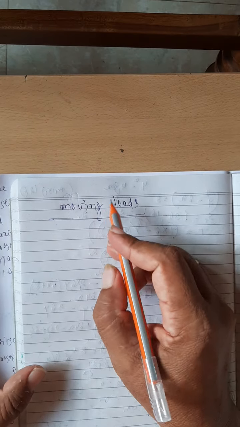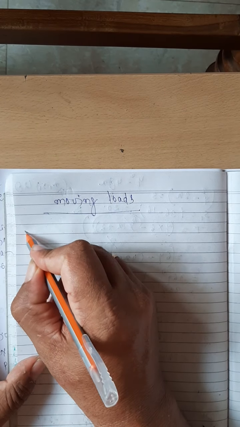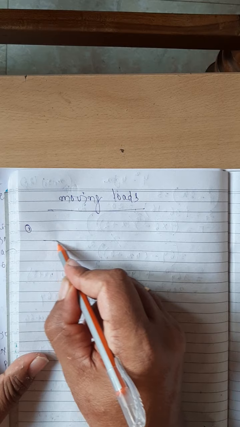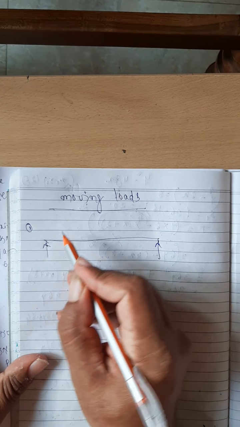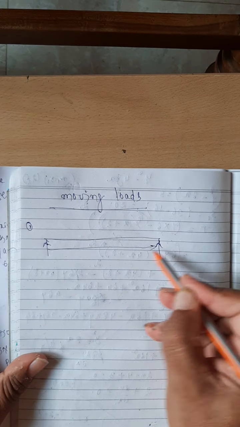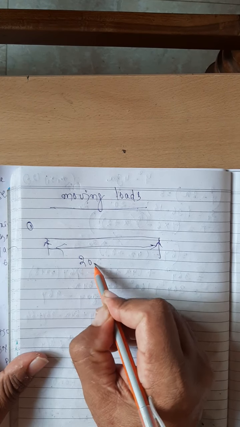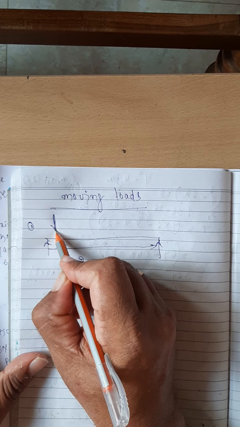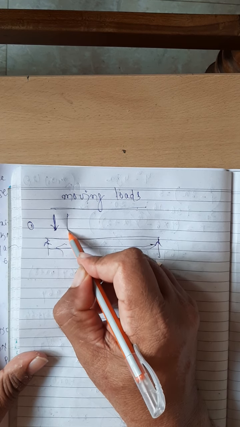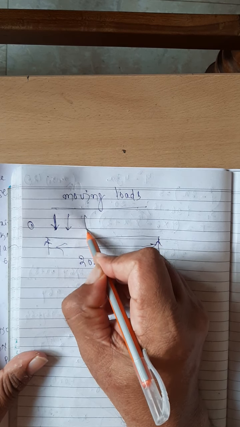First one is how to calculate for a series of loads. A girder or a beam is given to you, having a span of, say, 20 meter. A train of concentrated loads, say 1, 2, 3, 4 loads, is moving. We discussed this in the last class.